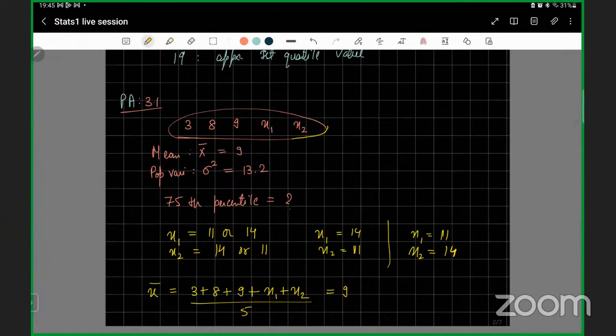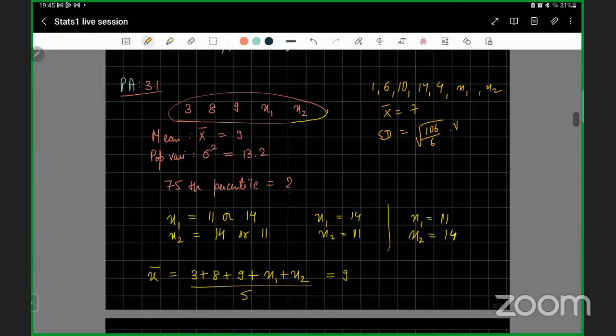In your case, the data is given to be 1, 6, 10, 14, 4, x1, x2. And x bar is given to be 7 and standard deviation is given to be root of 106 by 6. So I can say the sample variance, S square, is 106 by 6.